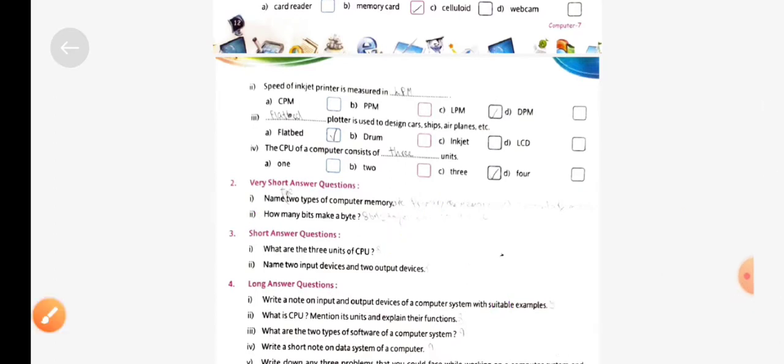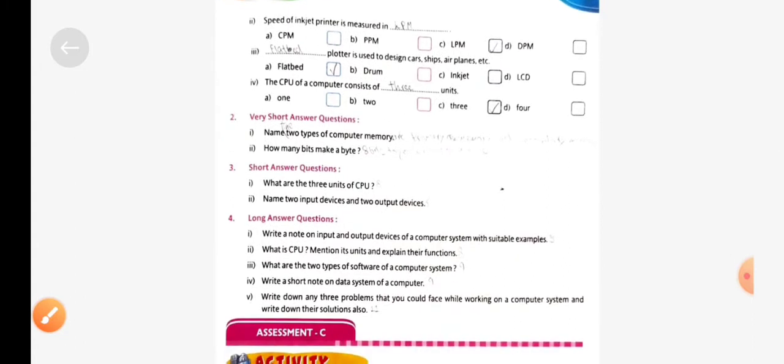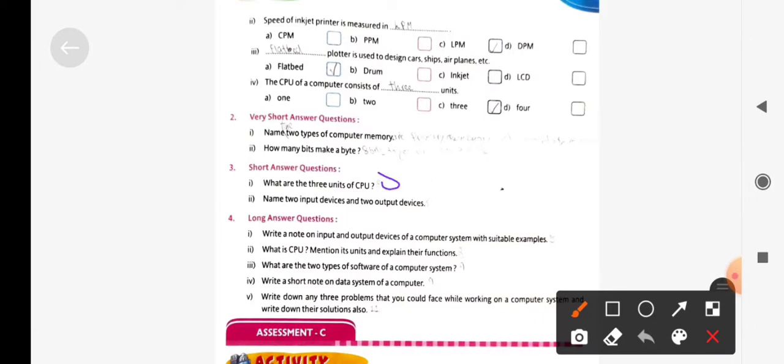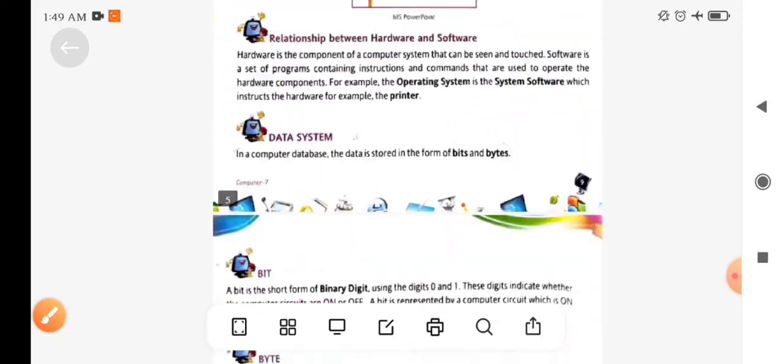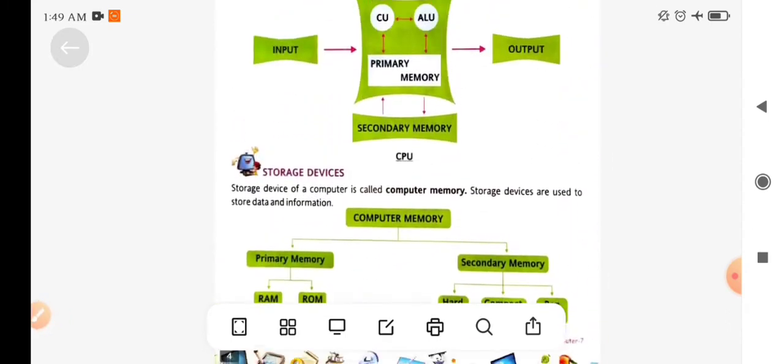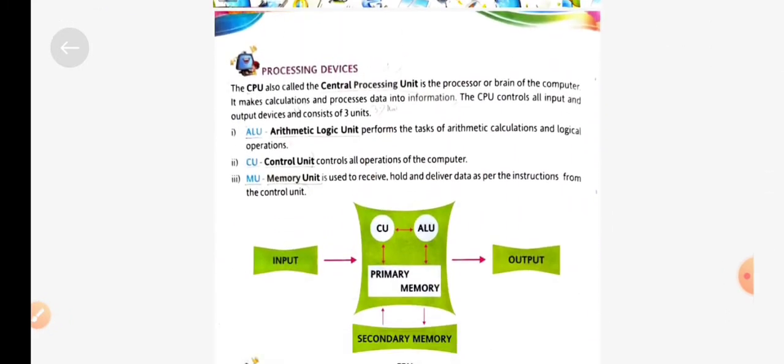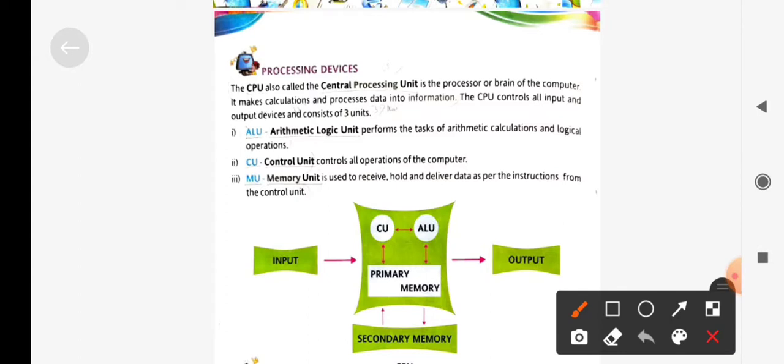Now for the short answer question C, the first one, what are the 3 units of CPU? So open page number 8 for that. On page number 8 we have the answer. See over here, this one. Okay, so you have to write down the 3 units of CPUs are ALU, that is arithmetic logic unit, then second one CU, that is control unit, and the third one is MU, that is memory unit.